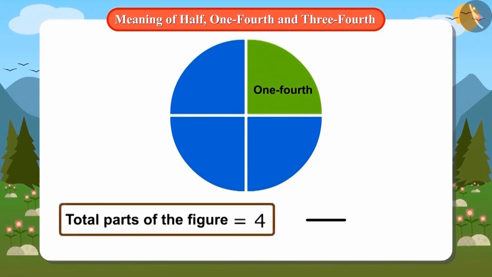There are a total of 4 parts of this figure. Therefore, we will write 4 under the line and 1 out of these 4 will be quarter. So, we will write 1 above the line. That means to write a quarter, we have to write 1 out of 4.